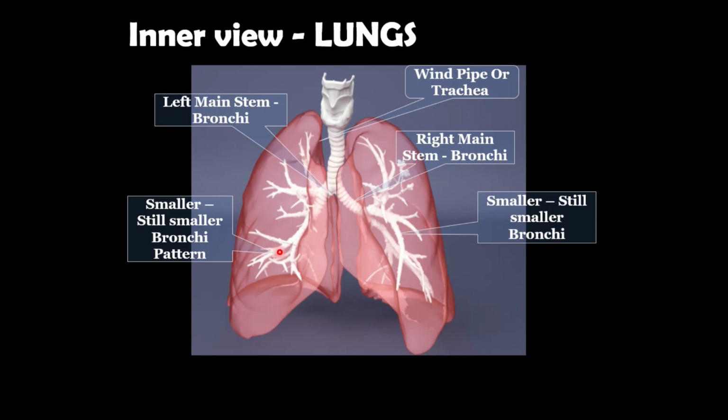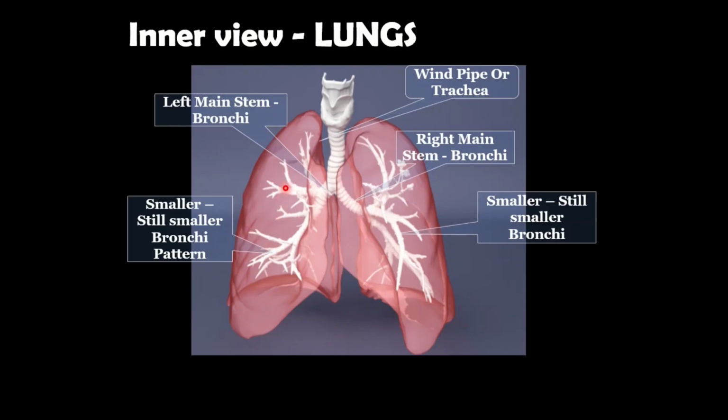Any tube, we can call them bronchi. The tiniest tubes are called bronchioles, and there are about 3,000 of them in each lung. Each bronchiole is about the thickness of a hair.